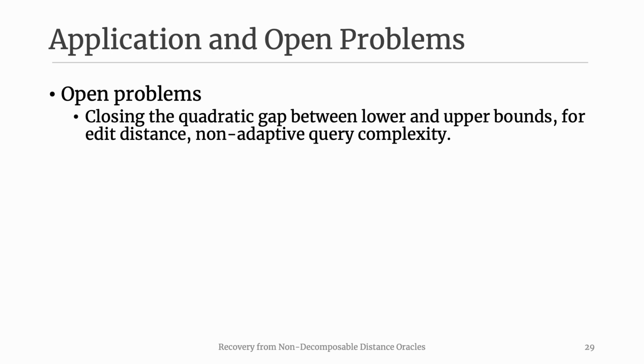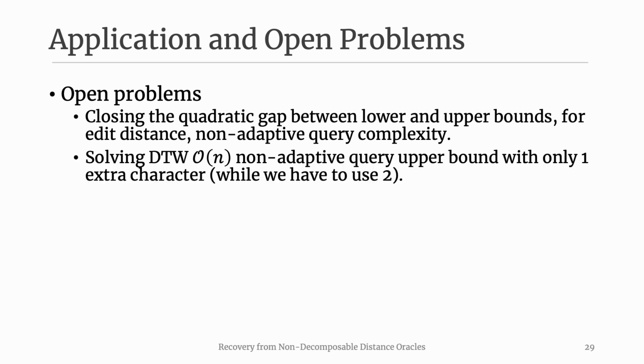We would like to close the conjectured gap between lower bound and upper bound in this query complexity. Second, on DTW distance, as I have shown, we have to use 2 extra characters to achieve the optimal query upper bound. But does there exist any way to reduce the number of extra characters to 1, or is there any hardness result for the number of extra characters?